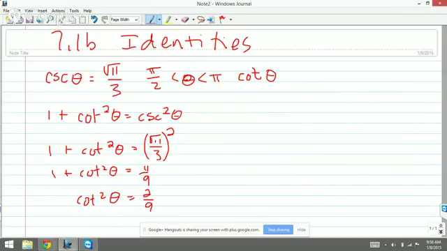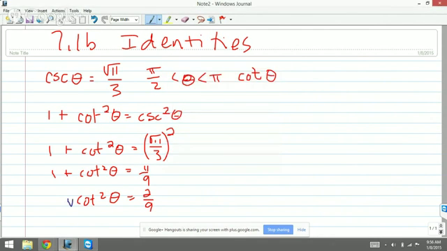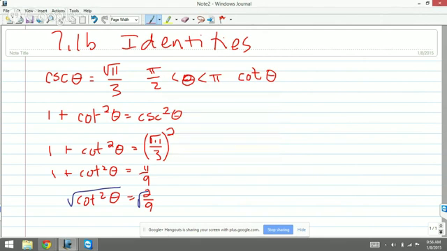And then square root both sides. So I end up with cotangent theta equals positive or negative root 2 over 3.